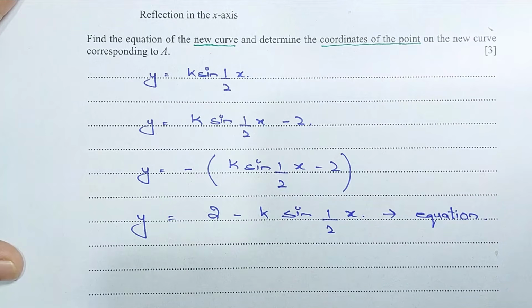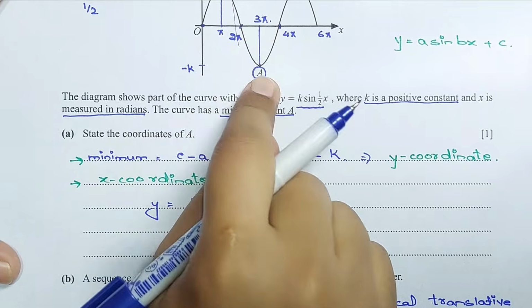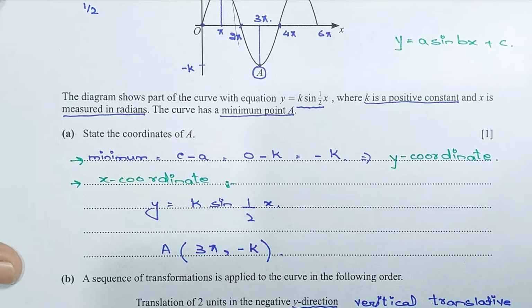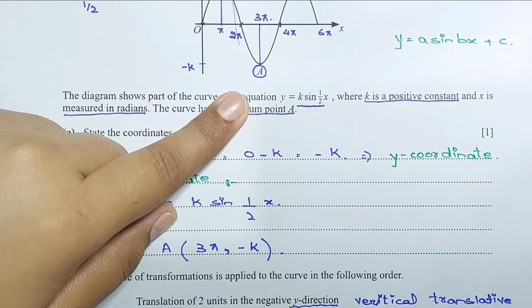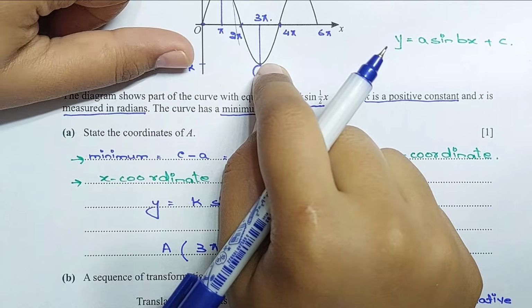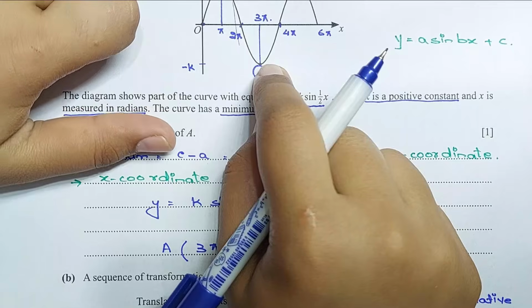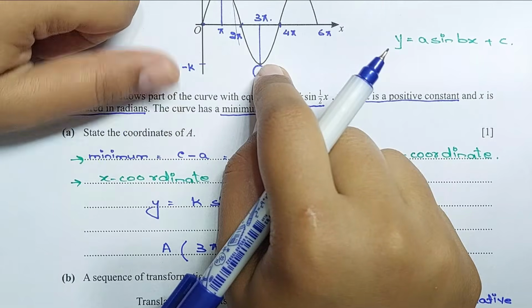Now we have to determine the coordinates of the point on the new curve corresponding to A, all right? So before, the coordinate of A is 3 pi and negative of k. Now, first we have applied the translation 2 units down. So from minus k, it moves 2 down, so minus k minus 2.